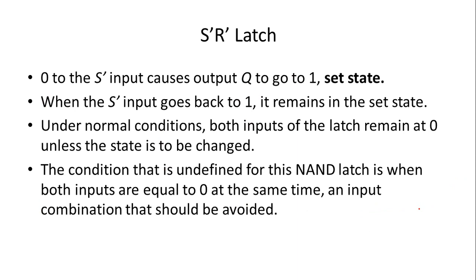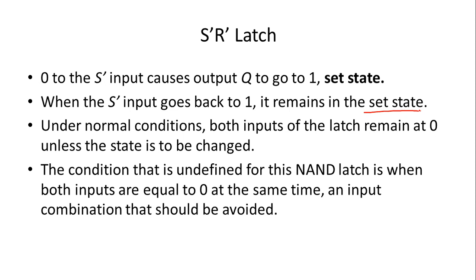Now 0 to the S complement input causes output Q to go to 1, which is the set state. When the S complement input goes back to 1, it remains in the set state. So if we change the inputs to 1 1 again, it will keep that set state. Under normal conditions, both inputs of the latch remain at 1 unless the state is to be changed.